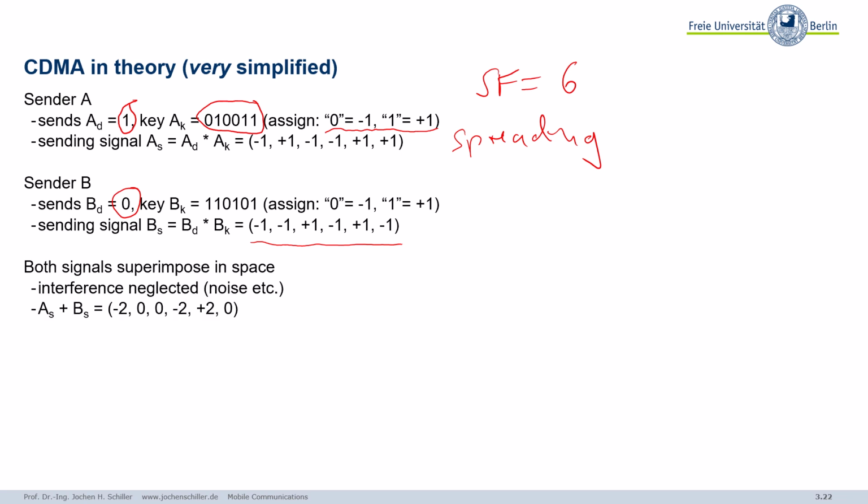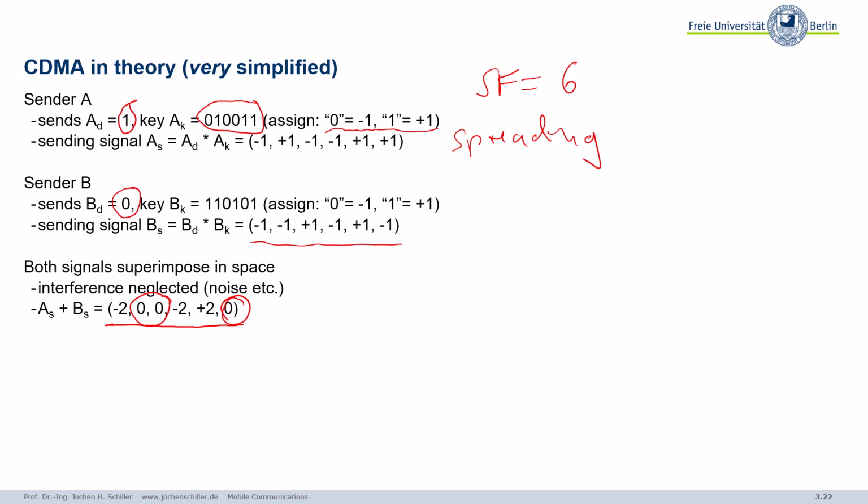Well, both signals simply superimpose. So, neglecting interference, the resulting signal now is AS plus BS: -2, 0, 0, -2, +2, 0. Oops! So you see how those parts of the signal cancel out each other, here, but here as well.